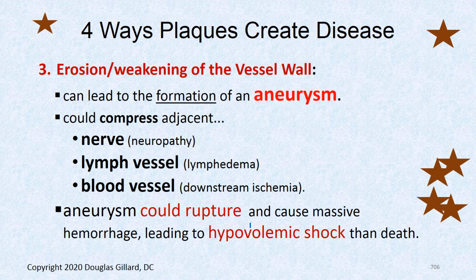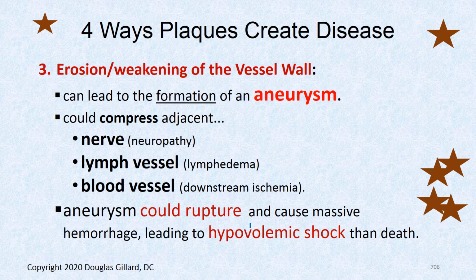Erosion, weakening of the vessel wall can occur as well. Maybe the beaver dam wears out the wall so much that it bulges out and causes an aneurysm. The aneurysm could rip and cause a rupture and a massive hemorrhage, and you could go into hypovolemic shock from that. The aneurysm could do damage as well. Maybe it doesn't rupture or bleed, but maybe it compresses a nerve that's nearby.